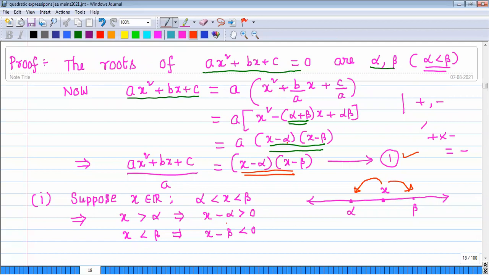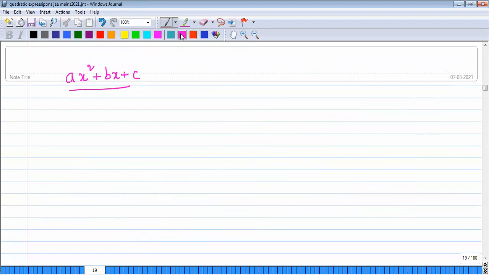So x minus alpha is positive, x minus beta is negative, and the product x minus alpha into x minus beta obviously becomes less than 0. Now ax square plus bx plus c by a is x minus alpha into x minus beta. X minus alpha is positive, whereas x minus beta is negative, plus into minus gives minus. That means this will be less than 0.